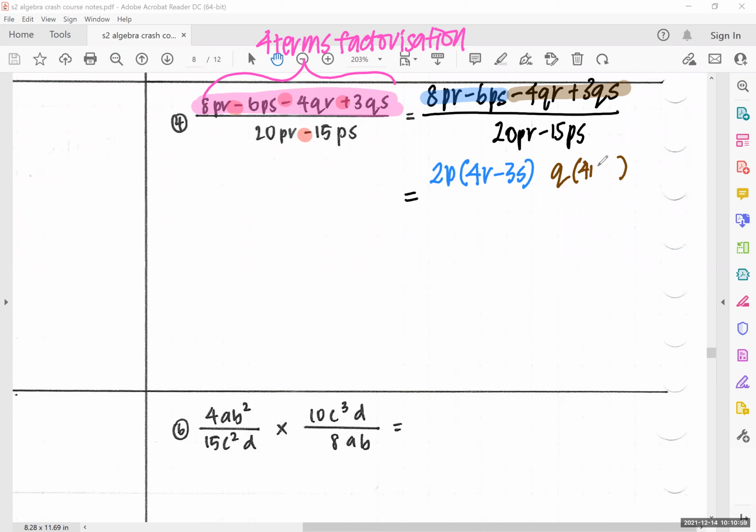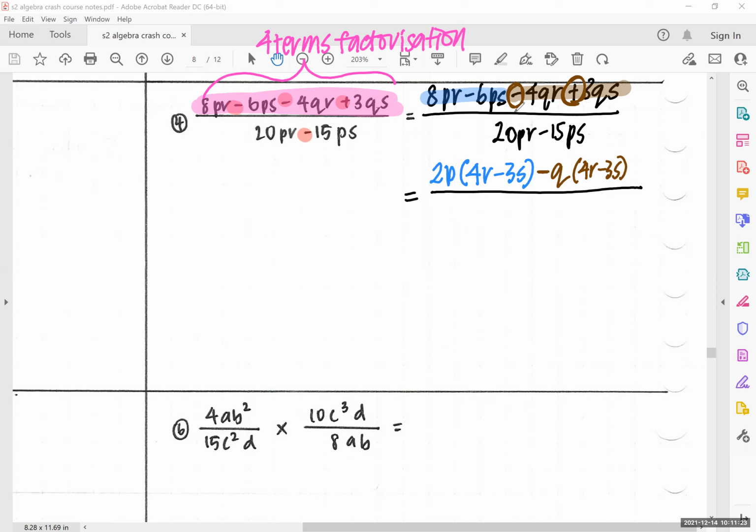So I just put 4r minus 3s first. So this is a negative, right? Can you see I want a negative for qr. So it means that here must be a negative. And here I want a positive. So let's check. Negative q times negative 3s, does it give me positive 3qs? Yes. So I know that I'm on the right track.